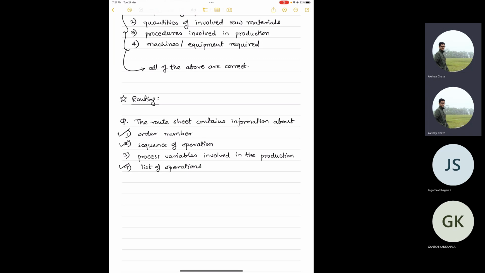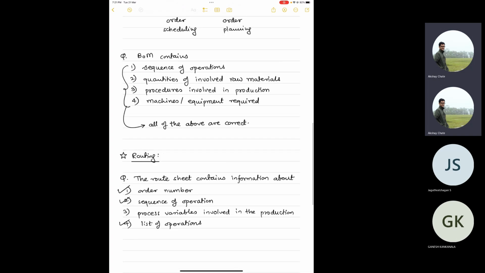Then sequence of operation, list of operation, and even the names of different machines that are involved in that routing. These informations are given, but these process variables are not given in the routing sheet. They are part of BOM, as I told you earlier.